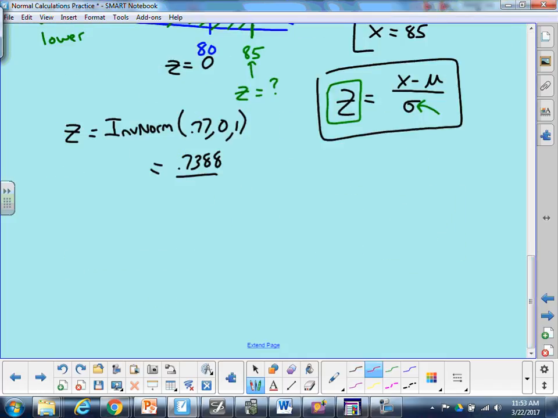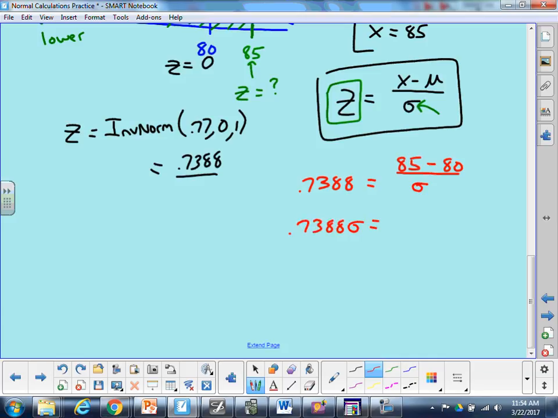So the z is what we just found. I know that equals the x, which is the value. So value is 85 minus the mean, which is 80, over some unknown standard deviation. So we have ourselves a little algebra equation. I would multiply both sides by the standard deviation, get it out of the denominator there.